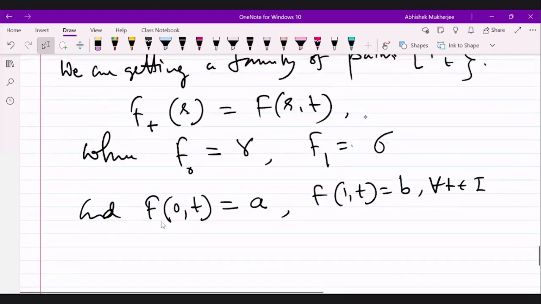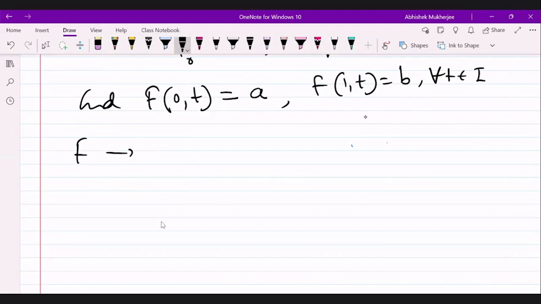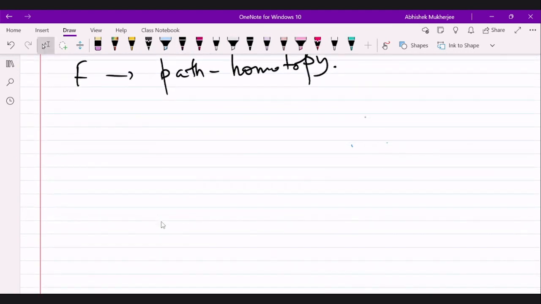Okay. So now this F will be called a path homotopy. Great. Good. So that means if you take a class of continuous maps from X to Y, then you can define a relation there, this homotopic relation, being homotopic.